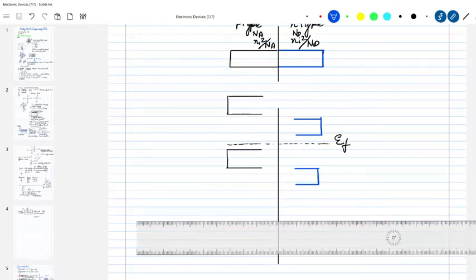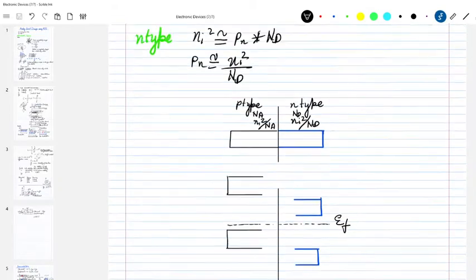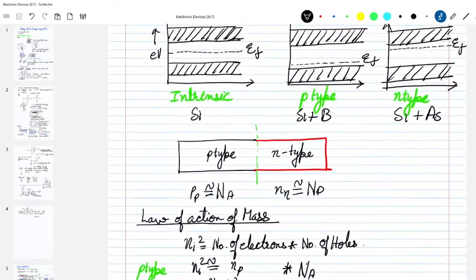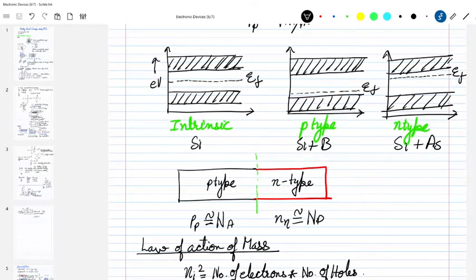Okay, so now what has happened? What has happened is, if you want this Fermi level to line up, now in n-type side, if you remember, the Fermi level is way up, and the p-type side the Fermi level is way down.